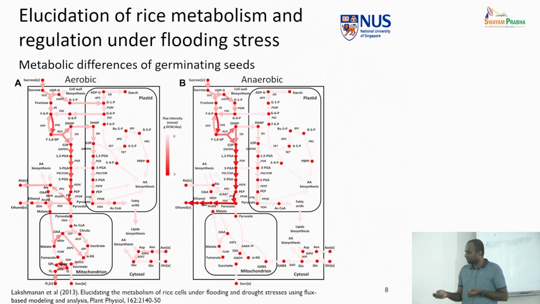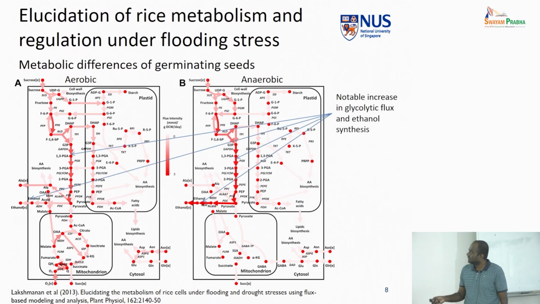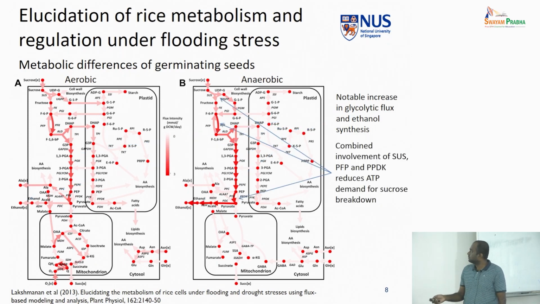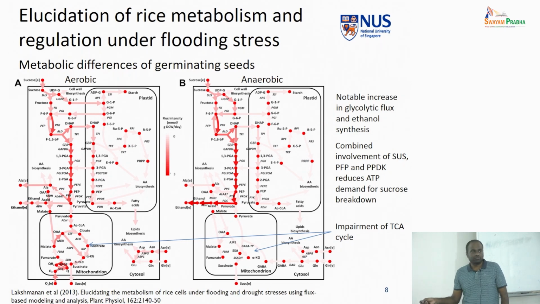So you could see that there are a few key changes happening between aerobic and anaerobic conditions. The first thing we noted is that there's a significant increase in the net glycolytic flux. So it is comparatively very high, and most of it is channeled towards ethanol. Why is this happening? I'll come back to that later. Because in the anaerobic condition, there's a gross impairment of the TCA cycle.